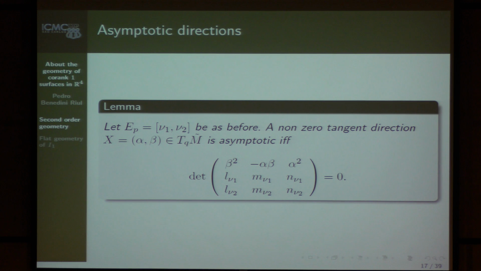This lemma gives us a criterion to identify asymptotic directions, in the sense that a non-zero vector x will be an asymptotic direction if and only if this condition holds. It's important to notice that we only use the curvature plane. Its orthogonal complement didn't make any difference.